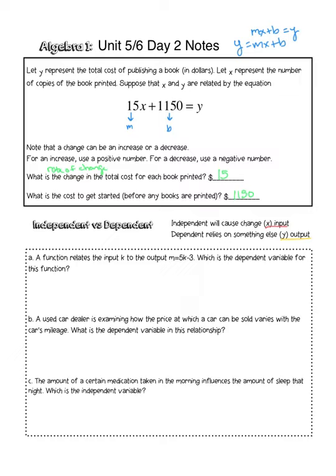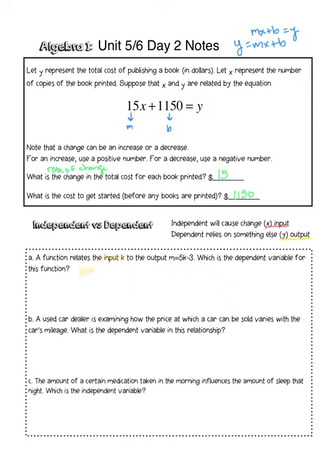A function relates the input K to the output M equals 5K minus 3. What is the dependent variable? Well, we've got some key words here. We have input K. And then we have the output equation. So the dependent variable is the one that relies on the input variable.